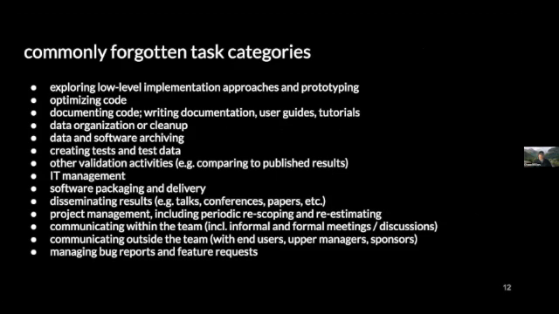I think on a typical, well-achieved software project, maybe actually writing code is like 10% of it, and a whole lot more is taken up with maintenance of the organization, both in the code and the people, and having meetings and documentation. So again, this is a list of commonly forgotten task categories that I suggest you reference, and that we often reference in my company when doing this.